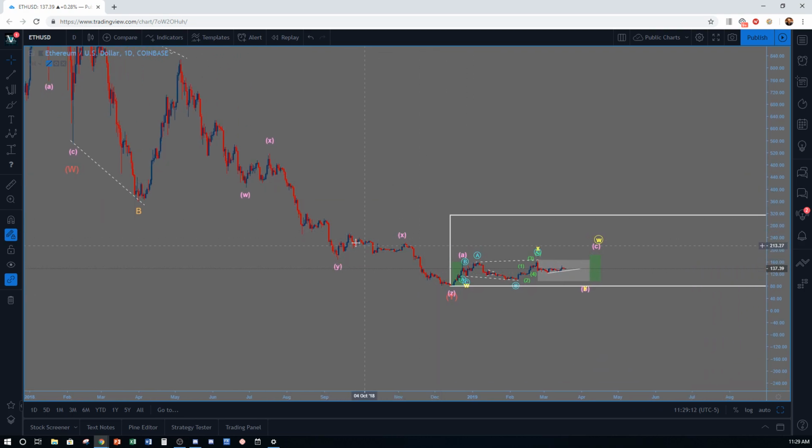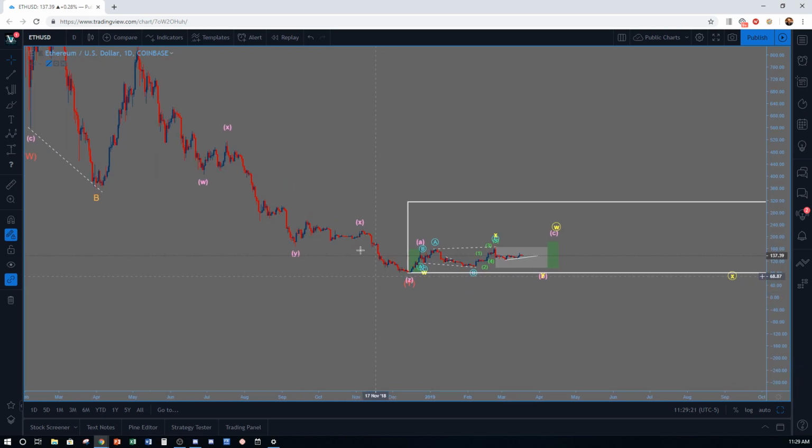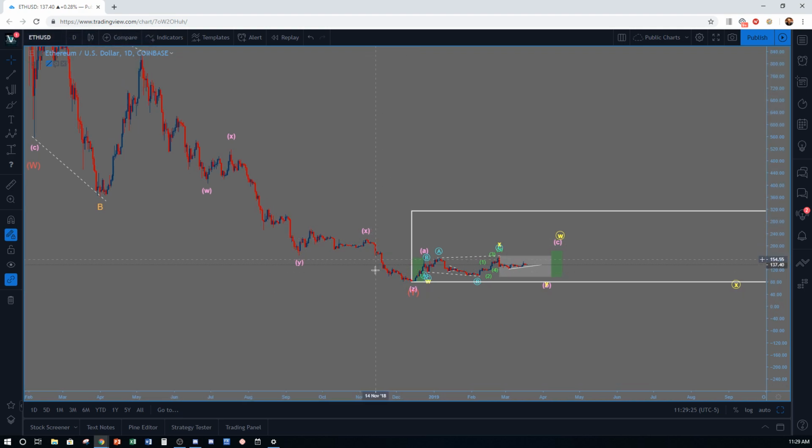Then we've got some kind of running flat here again, also confirmed by hidden bearish divergence right here between these highs. And our final move down in some kind of ugly getting ready for reversal drop.